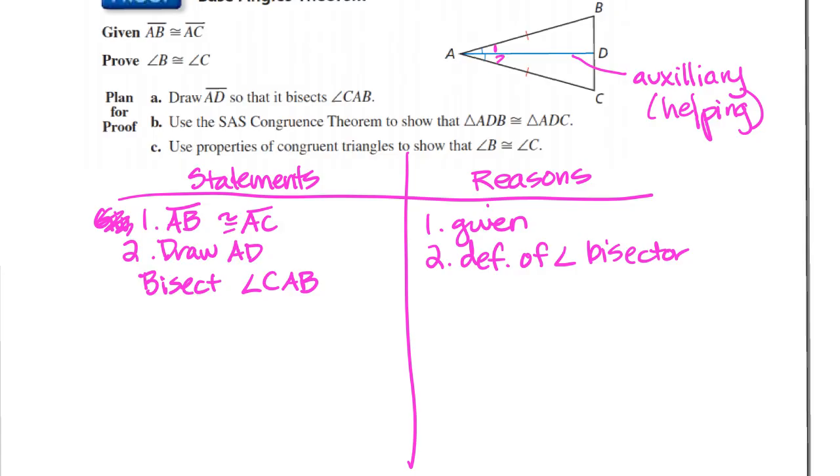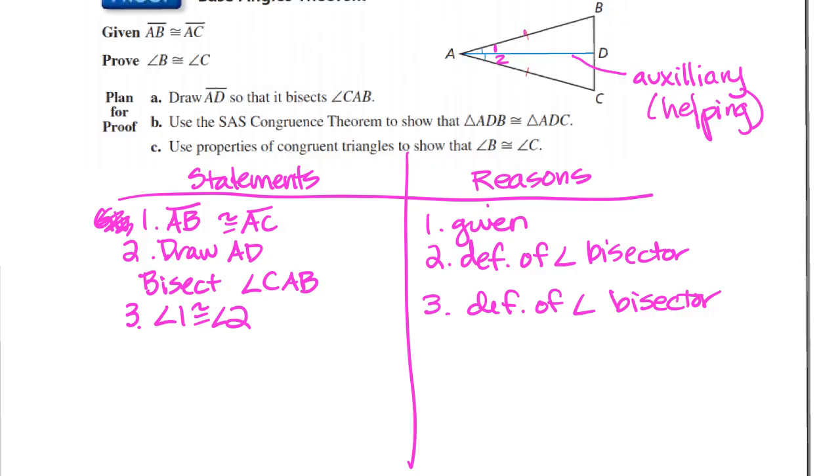So I'm making that angle 1 and angle 2. So once I do that, I can now say that angle 1 is congruent to angle 2. And there's your definition of an angle bisector again.